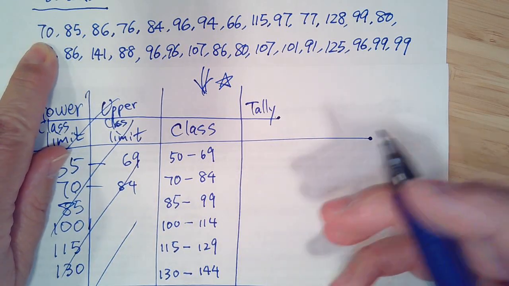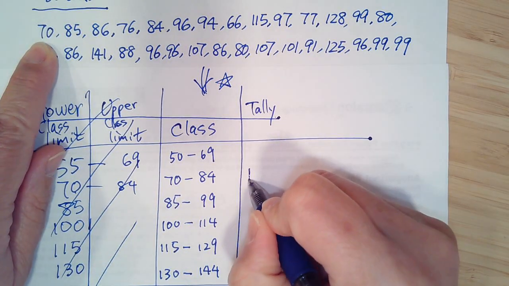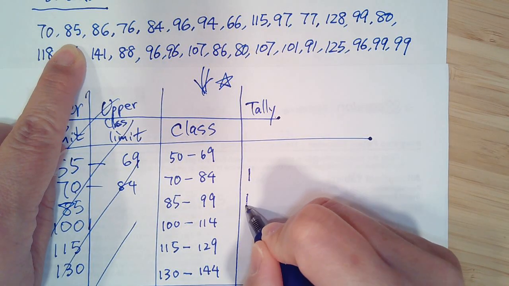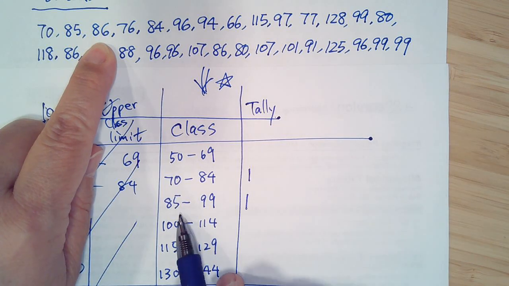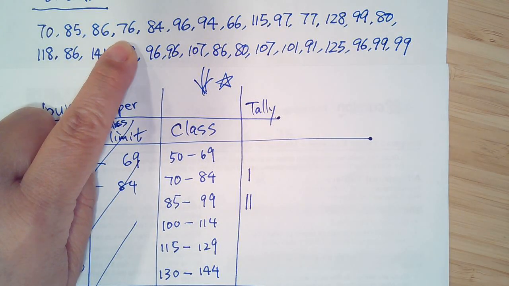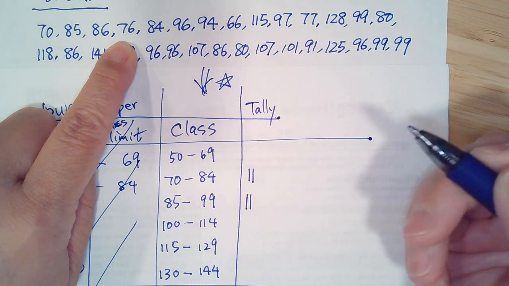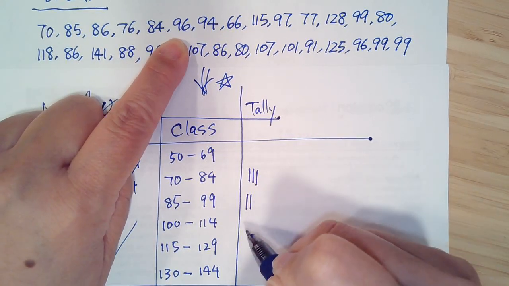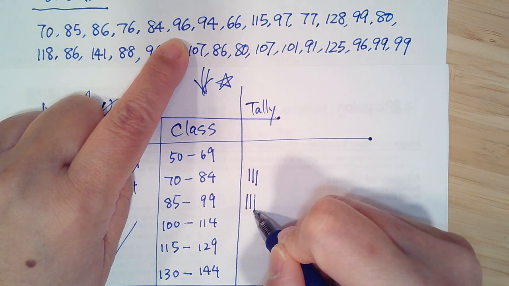70, the first number. 70 is in this class, so I just label 1 here. 85, 1. 86 is in this class, so I mark another bar. 76, a bar. 84 is right here. 96 here. Now you see what I'm doing.